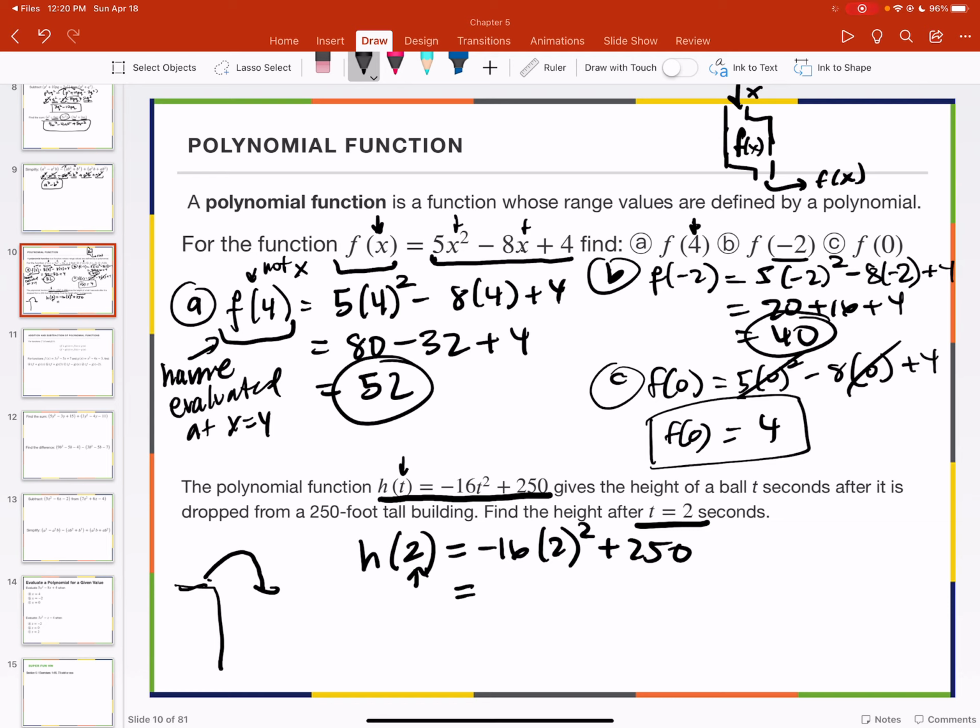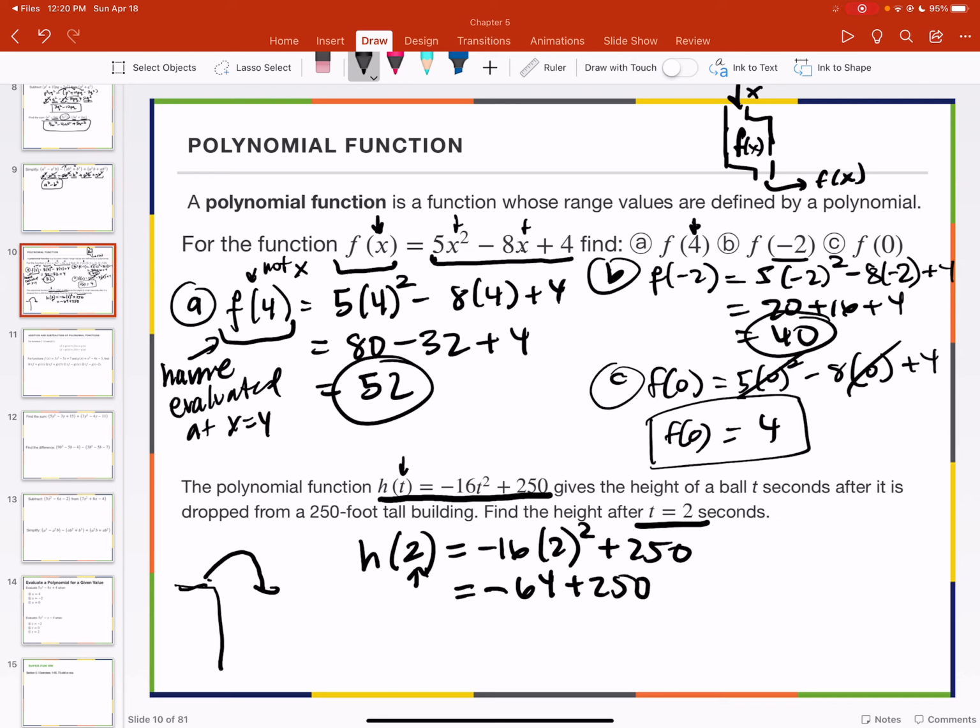So what's negative 16 times 4? That's going to be negative 64, yeah? So that's negative 64 plus 250. So what is negative 64 plus 250?